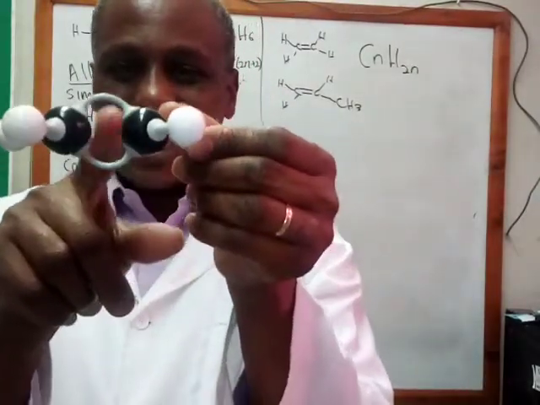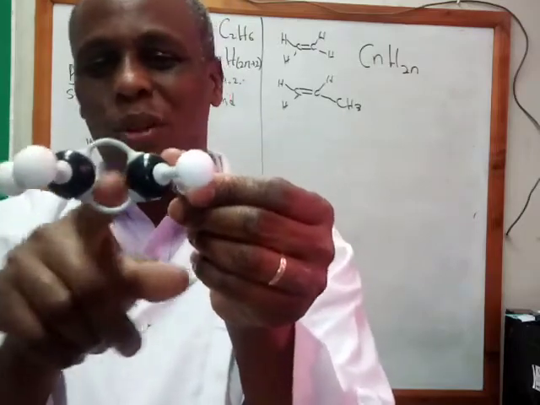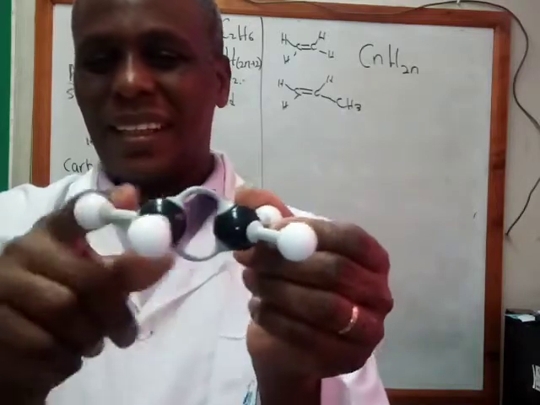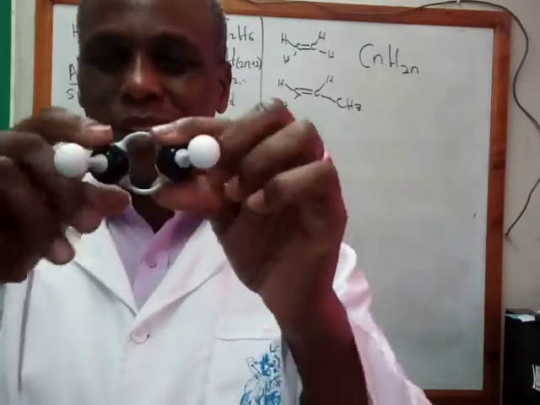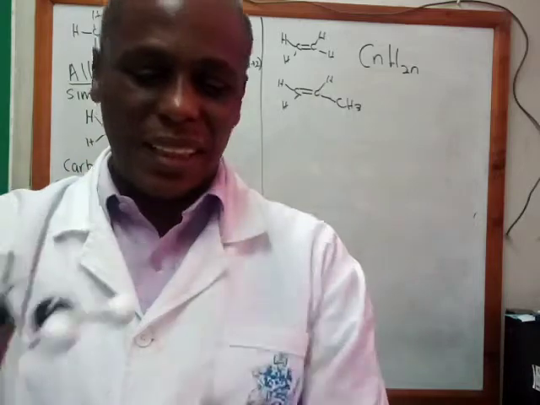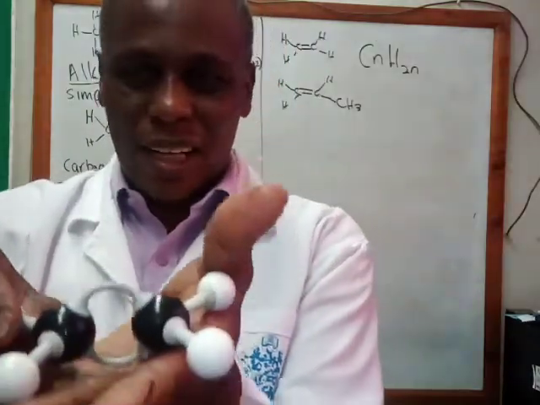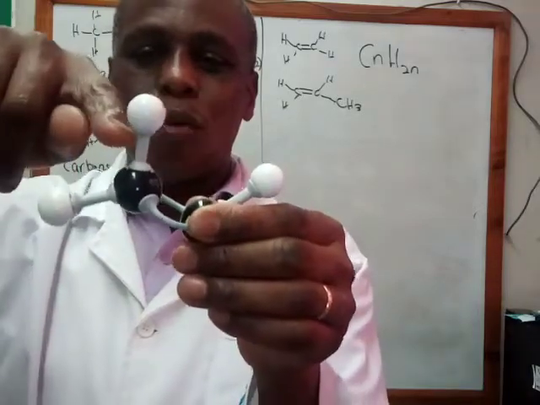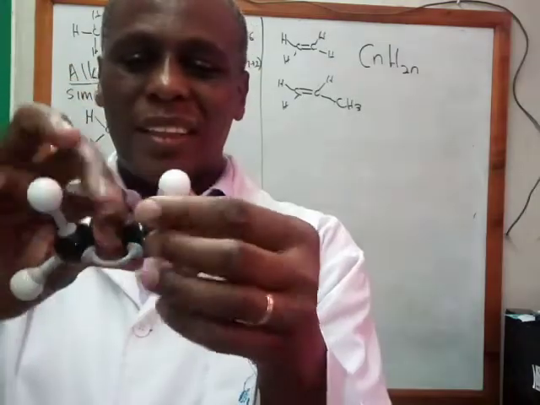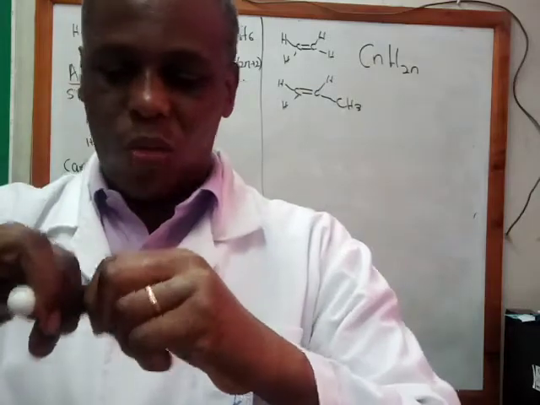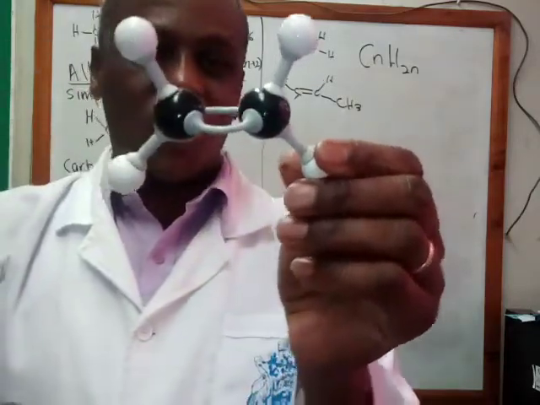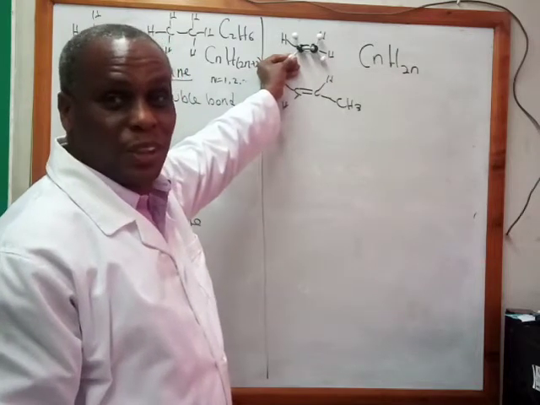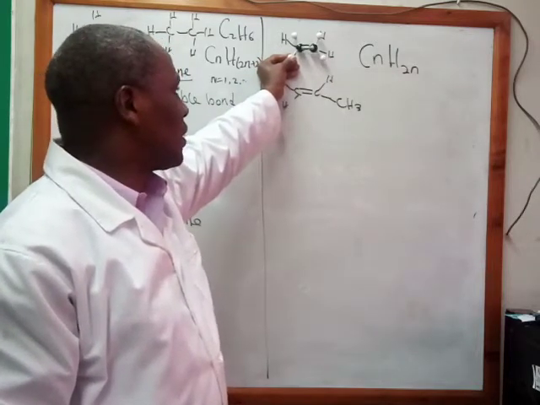Can you see the double bond, though it's been shown like this, in principle it's got linear bonds, but just being shown like this for illustration. Now this structure can lie flat on a plane. It's flat, and all the bond angles are 120 degrees. So this is the structure of ethene. Can you see it?